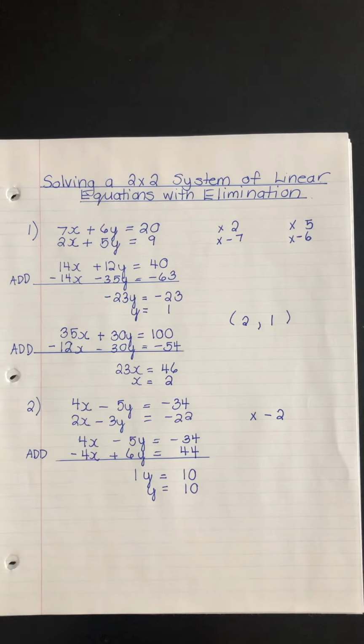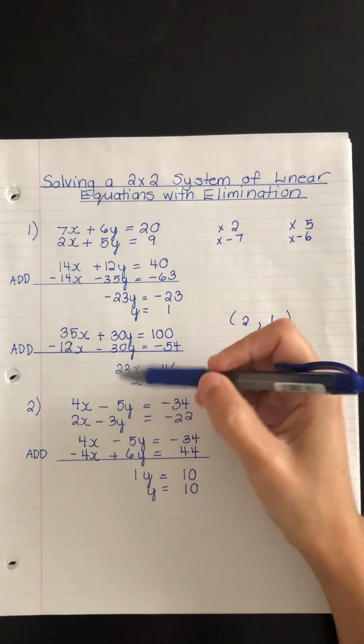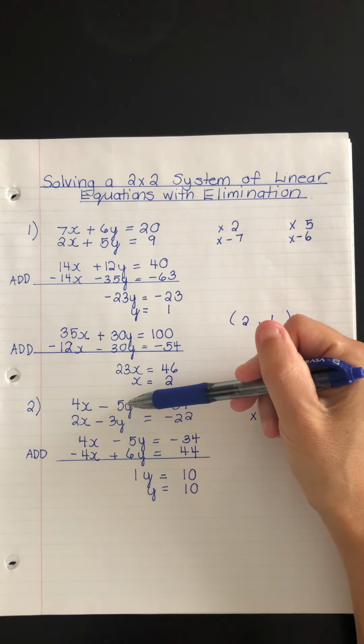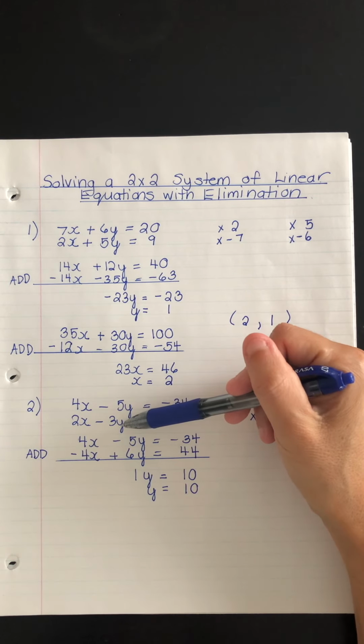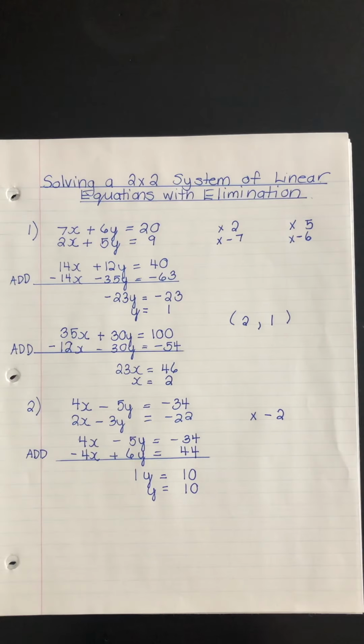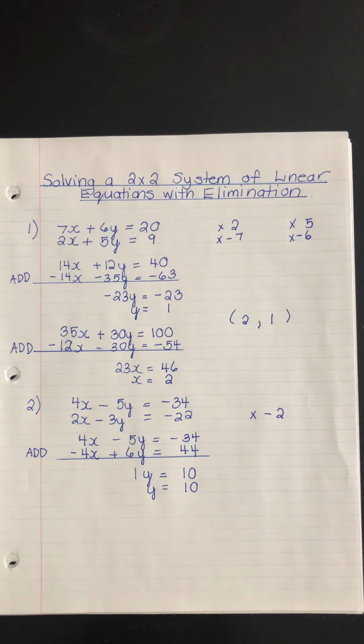So that works as well. If you preferred, you could have eliminated y. You could have made this top one positive 15y and this lower one negative 15y, for example. Okay, so there's a lot of choices to make at the beginning, and really, one will not be much easier than another.